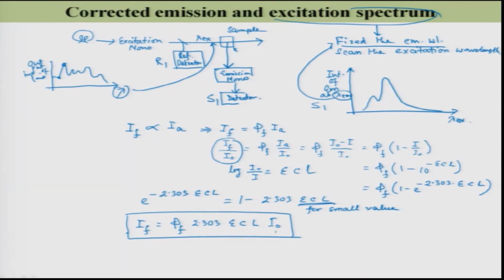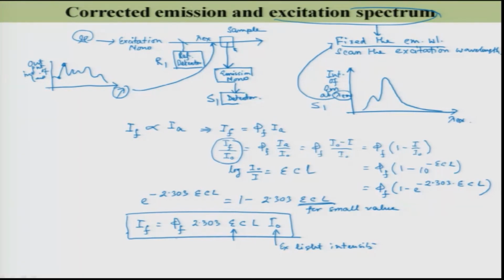This I 0 is the excitation light intensity. This is your molar extinction coefficient, and this is a constant for a given molecule, because that depends on the observed emission wavelength.